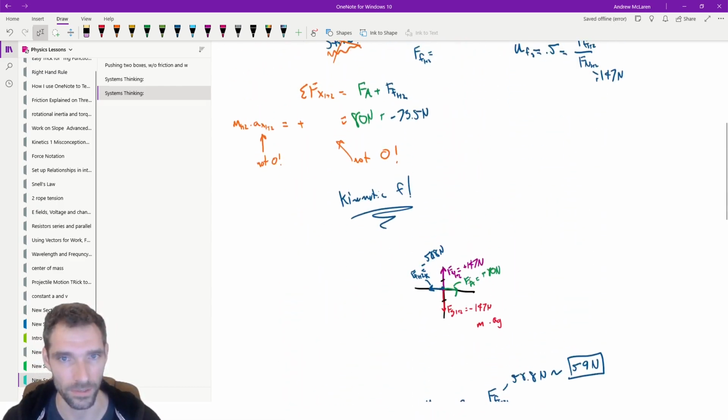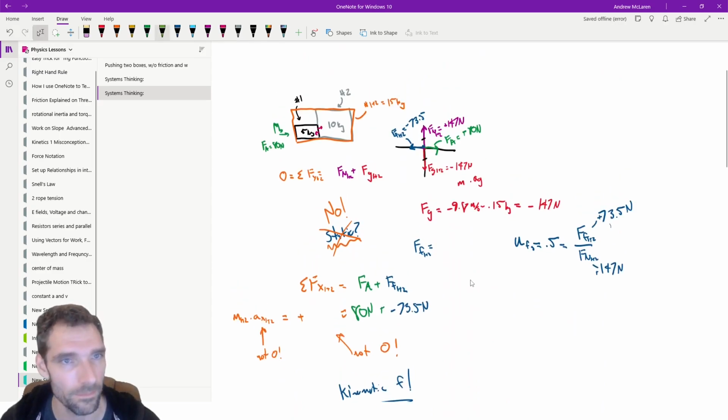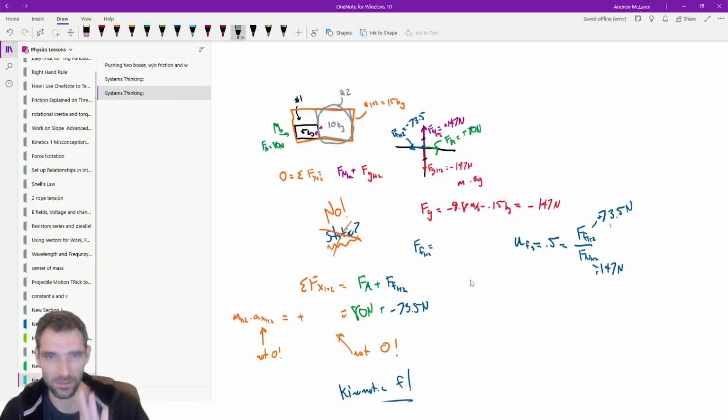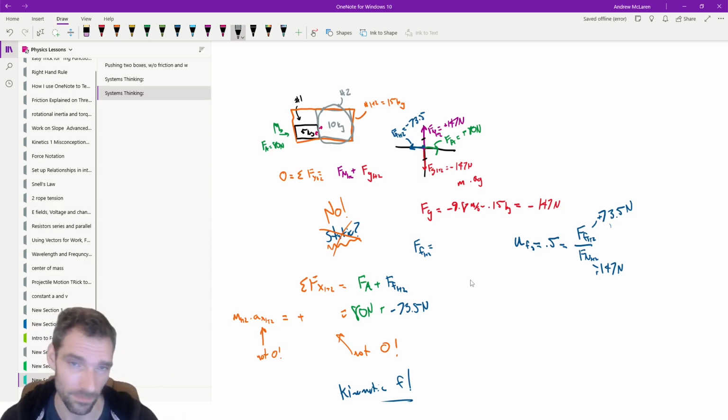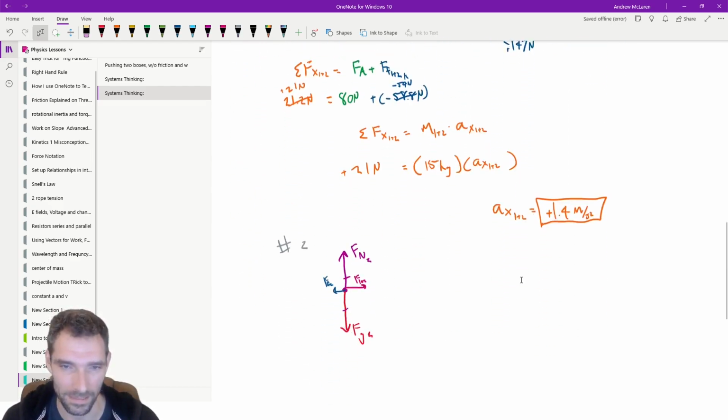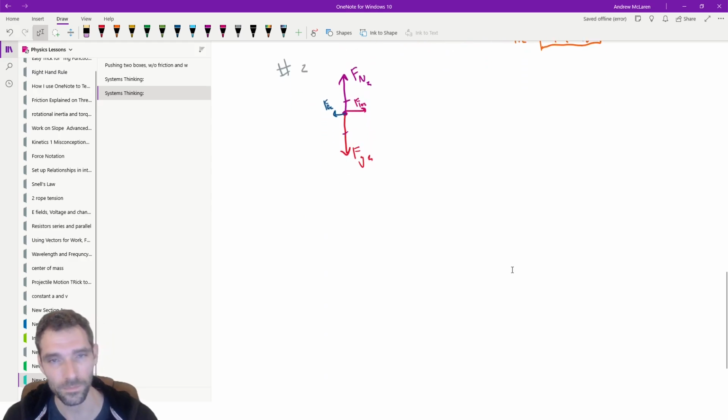So for object 2, it really has not the force applied being applied directly to it anymore, because that's hitting box 1, which then pushes box 2. So it's just got some gravity pulling down, normal force preventing it from falling downward, and some friction holding it back so it doesn't accelerate quite as fast as what we saw in the previous problem, but it is definitely accelerating.